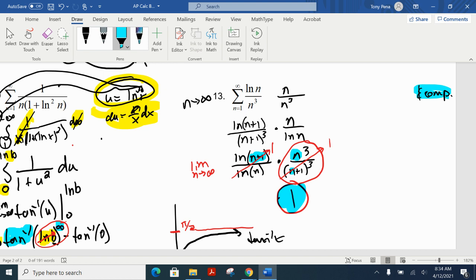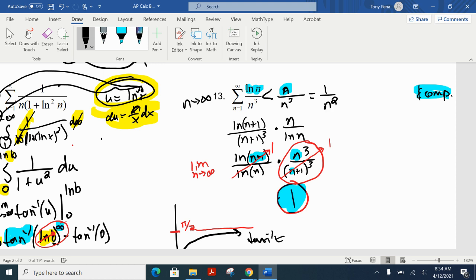And the numerator here is always going to be bigger than the natural log of n, because the natural log of n grows very slowly. The n is going to grow faster than the natural log of n. So what that means is the one on the right has to be bigger, which means the one on the left is obviously smaller. So the series we're concerned about is less than n over n cubed, but notice what that really is.